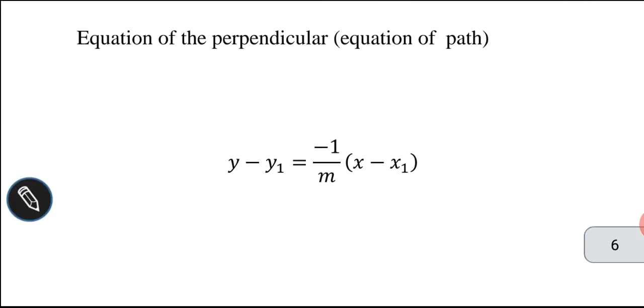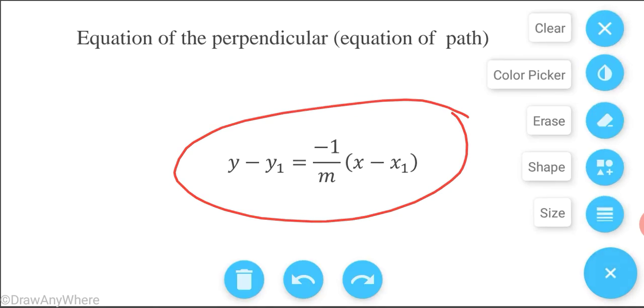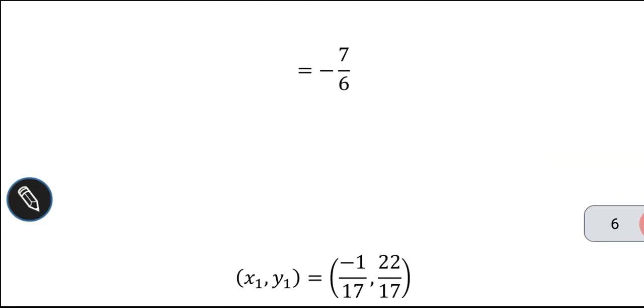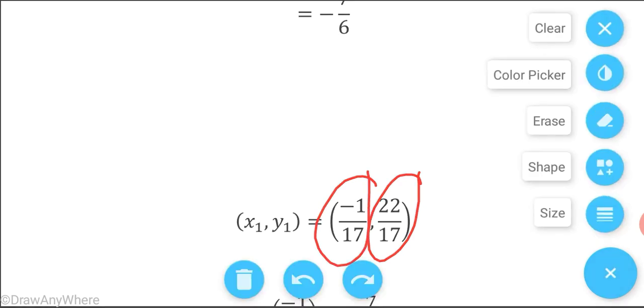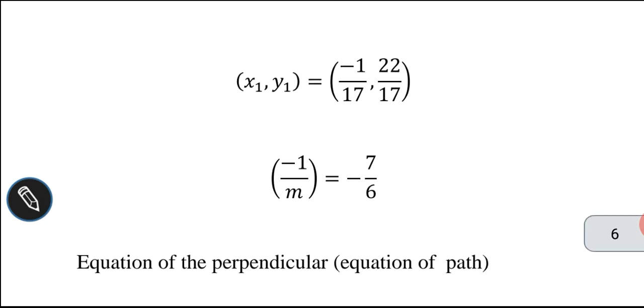The value of y1 is 22 divided by 17, the value of x1 is minus 1 by 17, and the value of minus 1 by m is minus 7 by 6.